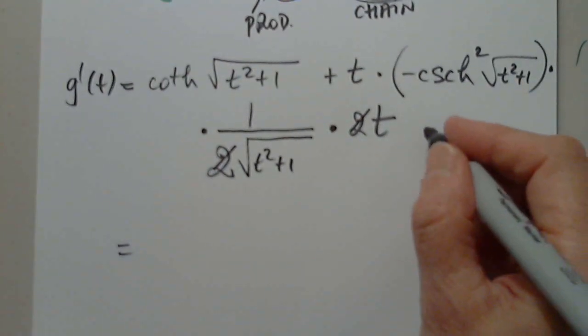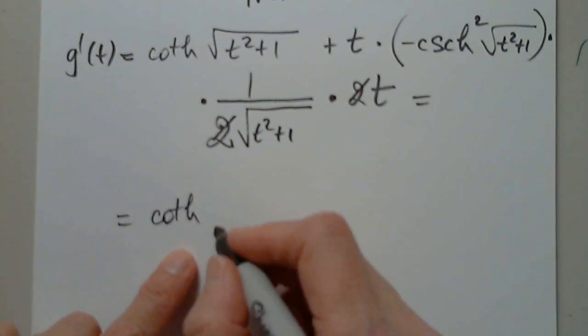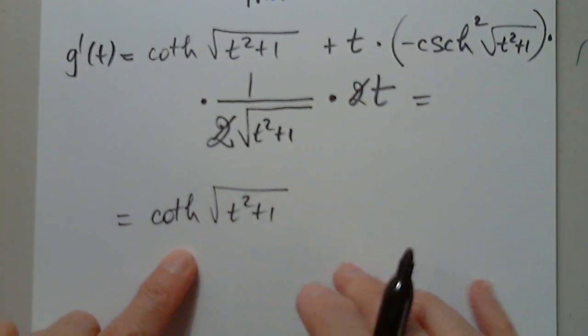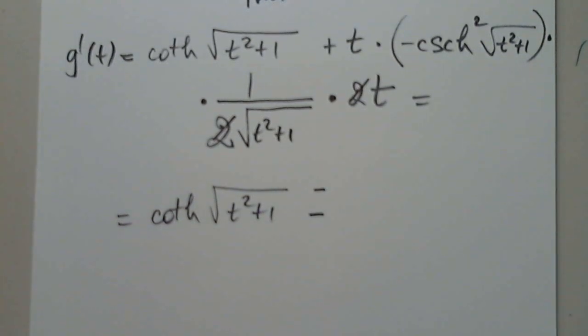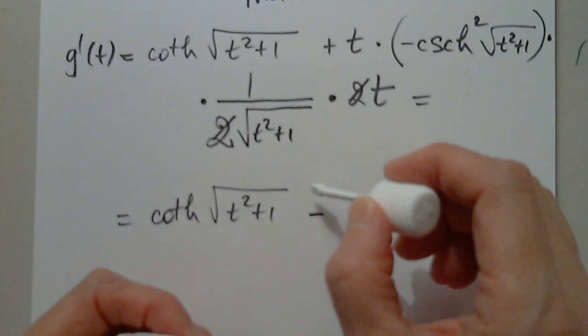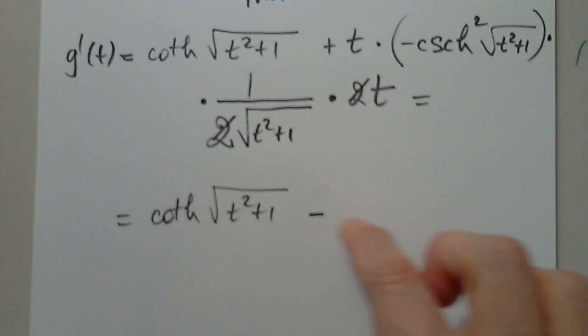I will simplify this with this. So then I have the final simplified form: hyperbolic cotangent of the square root of t squared plus 1 minus, oh, what am I doing? Minus. Everything has to be in line correctly.